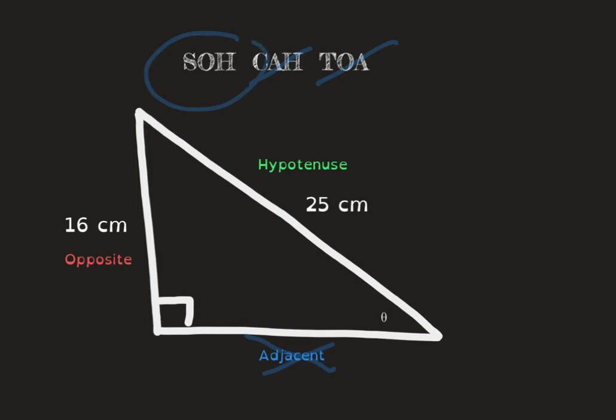So the one that we're going to be using for this question is SOH, which stands for sine is equal to opposite over hypotenuse. Another way of looking at it would be just figuring out which one uses both the opposite and the hypotenuse. So this one has an O for opposite and this one has an O for opposite, and this one has an H for the hypotenuse, and this one has an H for the hypotenuse. Well, which of the three uses both? It would be SOH.